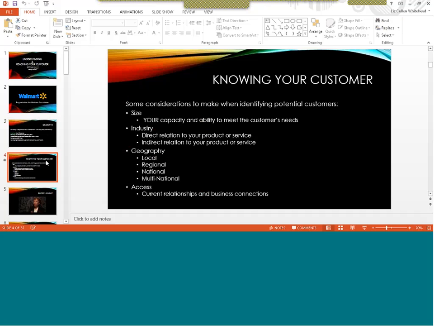For example, if you are looking to do business with Walmart and you're selling them an actual product they sell in their stores, that's a direct relation. If you're selling them HR training for people that work in their warehousing departments or in their stores, that's more of an indirect relation. And it's important to know where you fall in that.